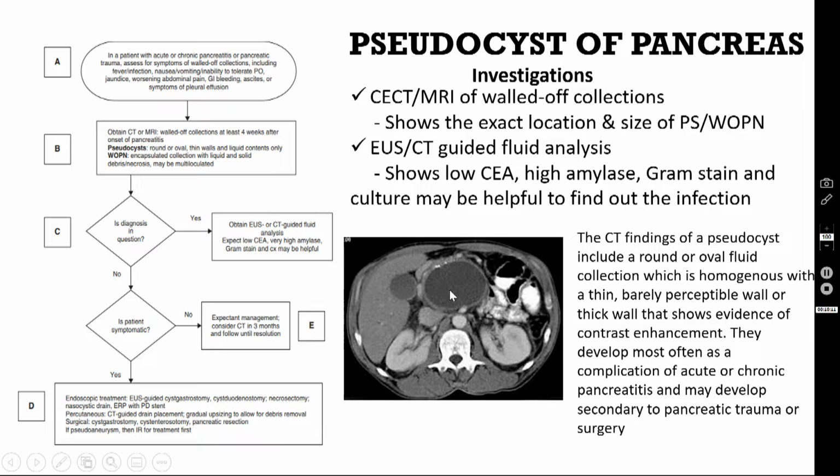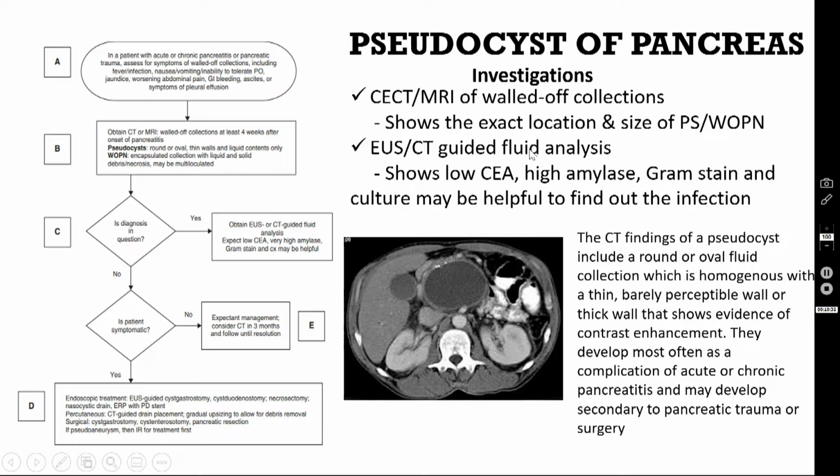After that you can do CECT or MRI of the epigastric region, mainly to confirm these walled-off collections. This shows the exact location and size of both the pseudocyst and the walled-off pancreatic necrosis.